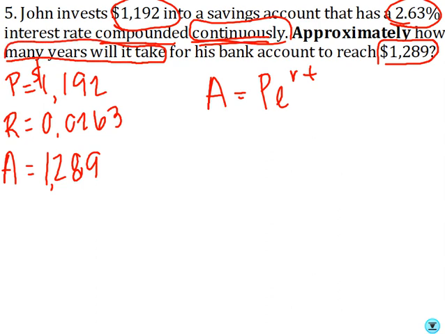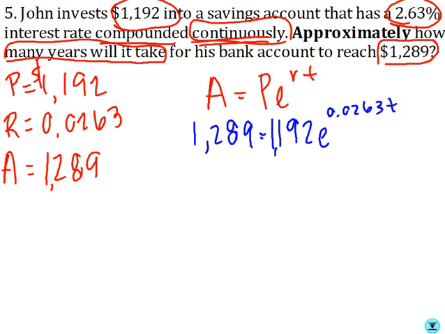So now we can start filling this in. A, 1289 is equal to 1192 e to the 0.0263 t.